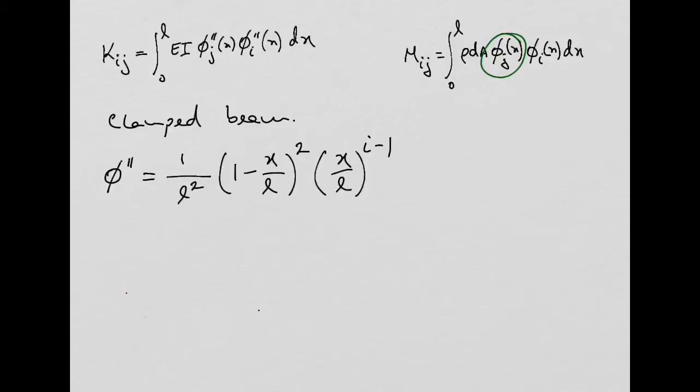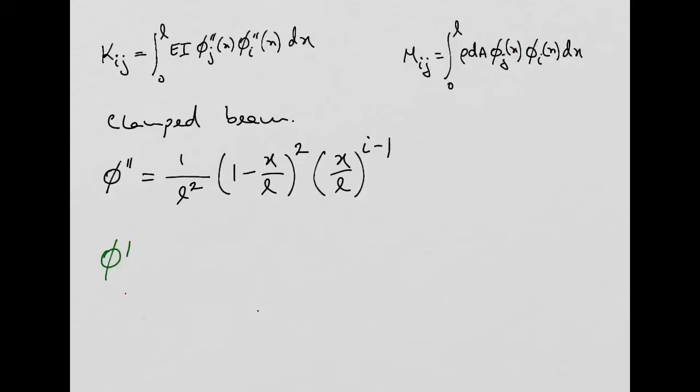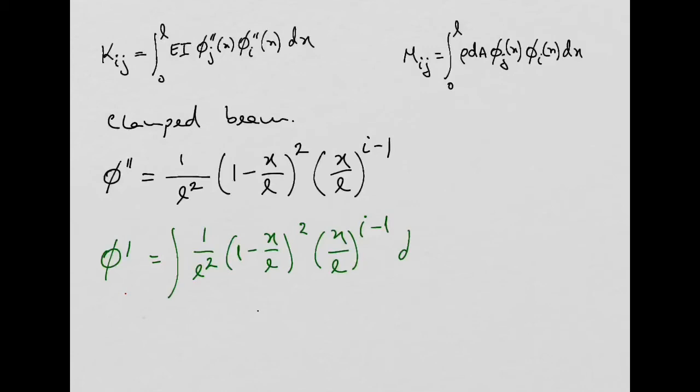What about shape functions? Well, what you have to do is, if you integrate one time, you get the first derivative, which is going to be equal to the integral of 1 over L times 1 minus x over L squared. When you integrate, you will have a constant of integration. It's similar to what you did in beam deflection, right?